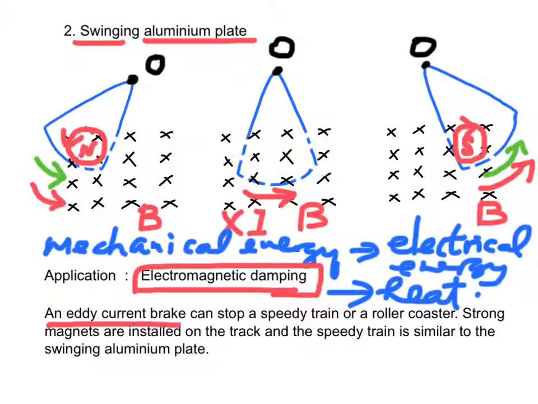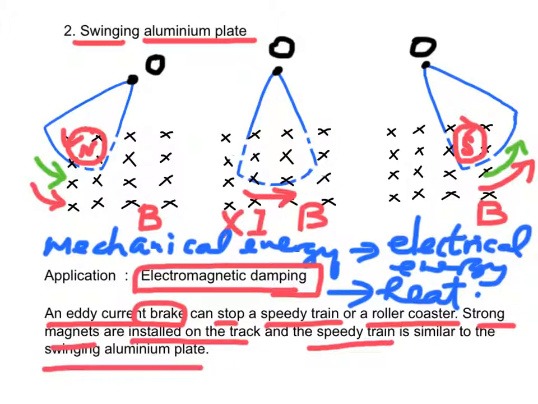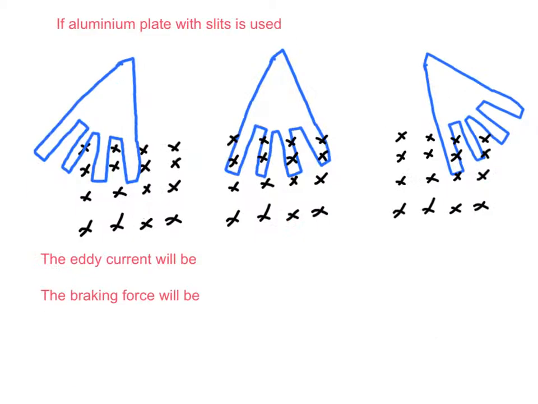An eddy current brake can stop a speedy train or a roller coaster. Strong magnets are installed on the track, and the speedy train is similar to the swinging aluminium plate. If an aluminium plate with slits is used, the eddy currents will be split into many small paths.